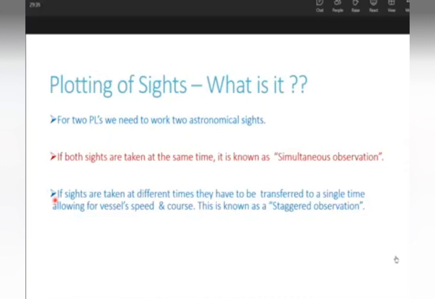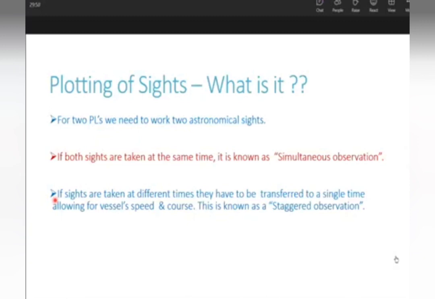You cannot take 2 sites at a single time. So what can be done in those scenarios is, you can take one single site of the body and then wait for some time, let the sun move a little bit in the sky to another location, and after some time you use the same body to take the site again.